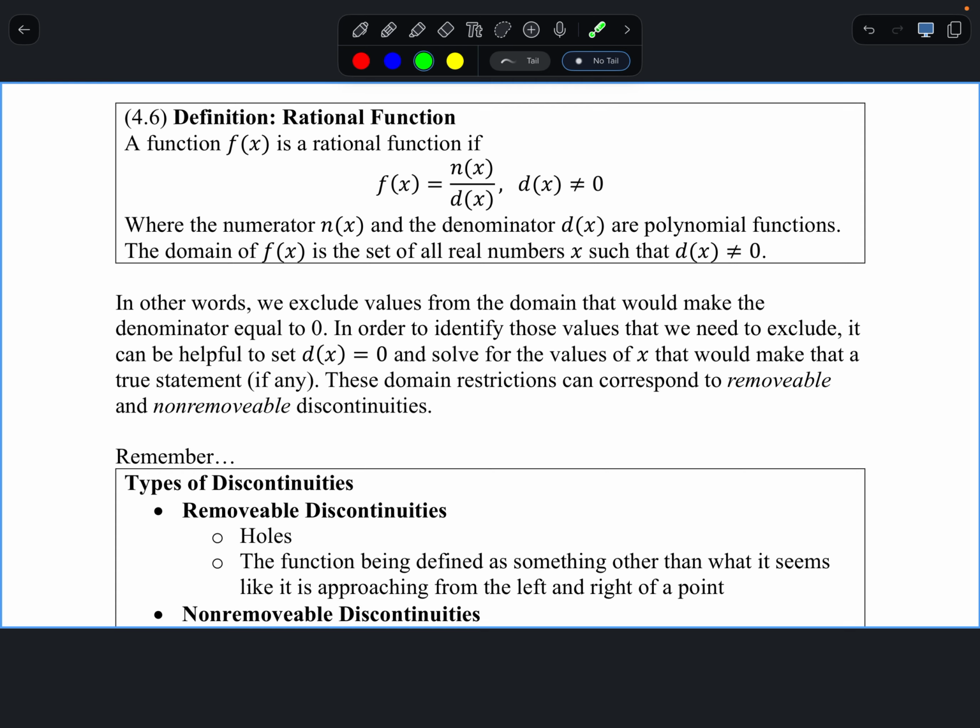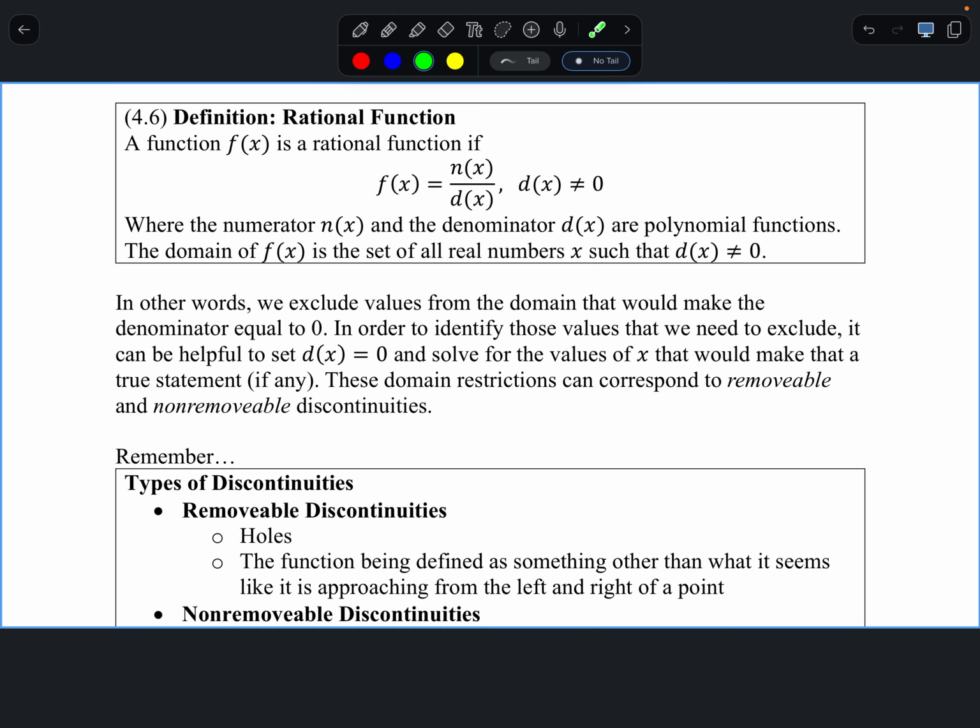The difference between polynomials and rational functions: polynomials are known to be smooth continuous curves whose implicit domains are all real numbers. Because rational functions have that denominator, you have to think about excluding values that would make the function undefined, meaning values that would make the denominator equal to 0.